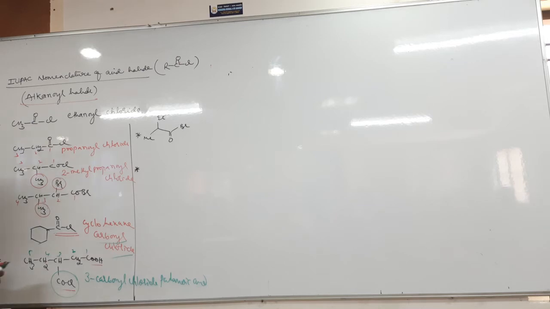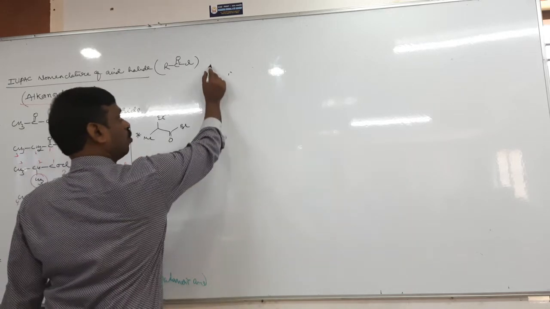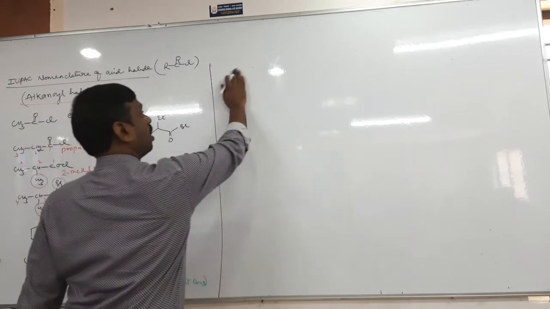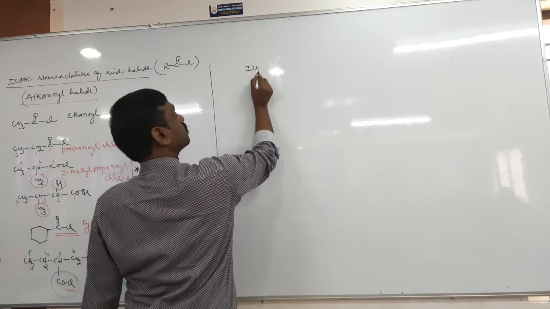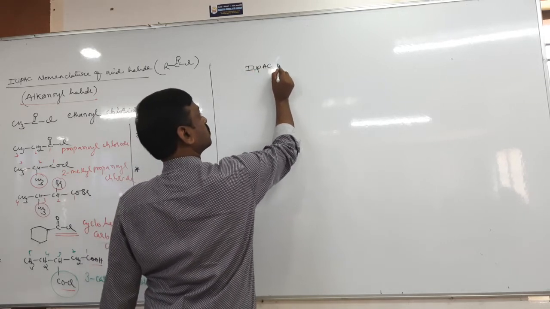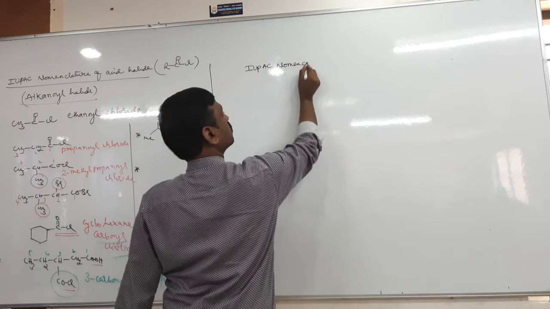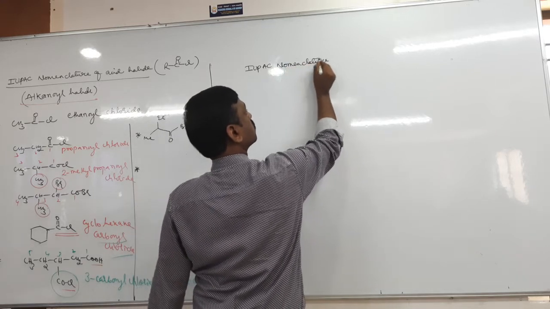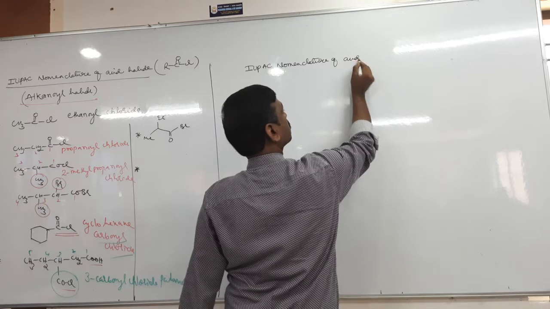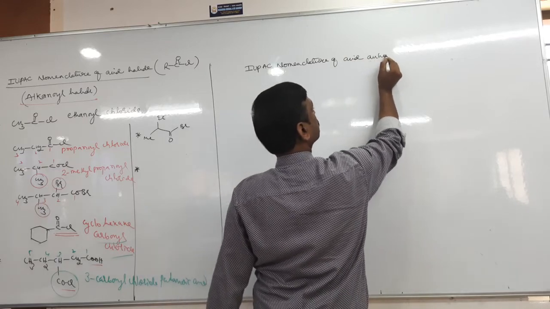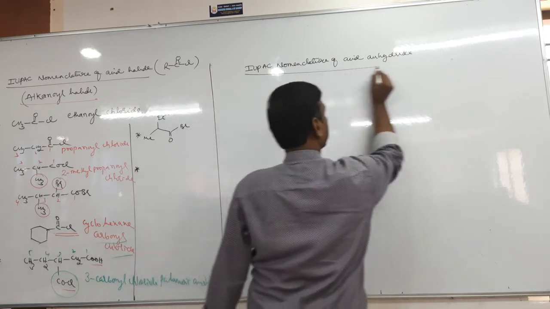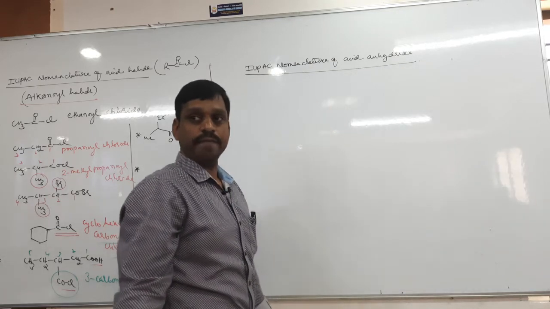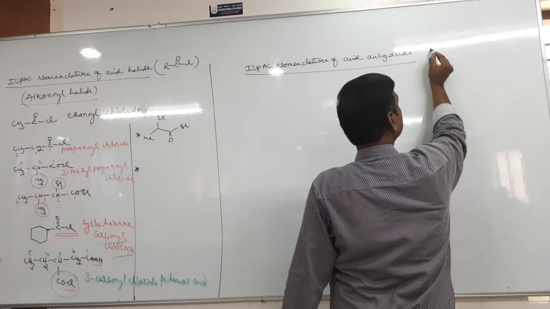Next, IUPAC nomenclature of anhydride, acid anhydride. So what are acid anhydrides?